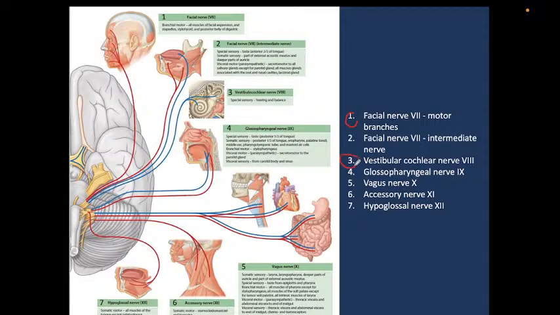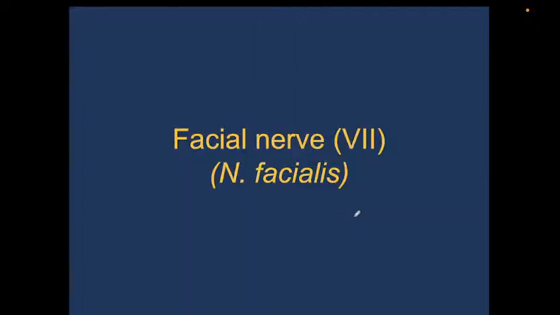The cranial nerve number 8, vestibulocochlear nerve, then glossopharyngeal nerve, here vagus nerve, accessory nerve, and hypoglossal nerve. All of these nerves we will discuss today.